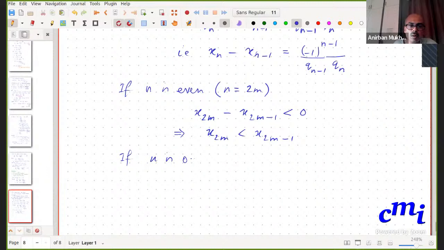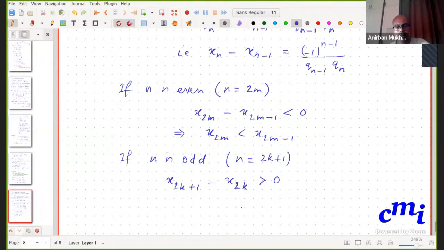And if n is odd, then the other thing happens. Say n is 2k plus 1, then x2k plus 1 minus x2k is positive, because it's n minus 1, so this just changes the parity. If you have odd, then you would have positive, and if you have even, then it's going to be negative.